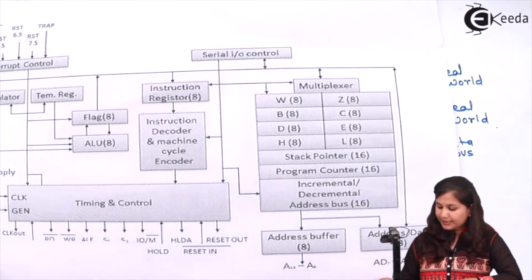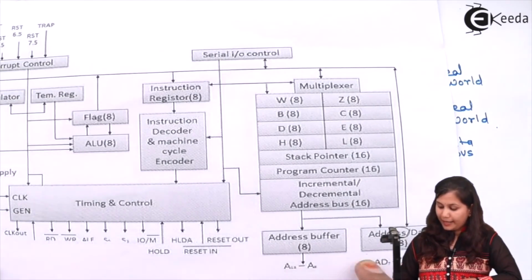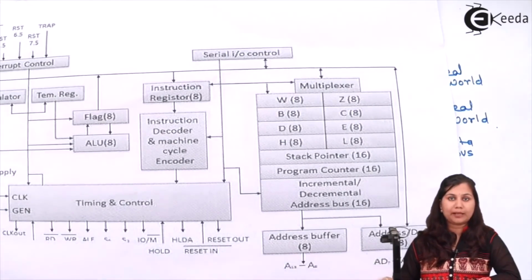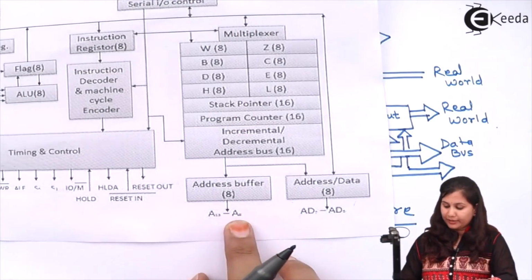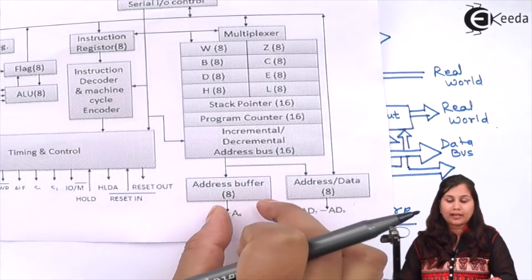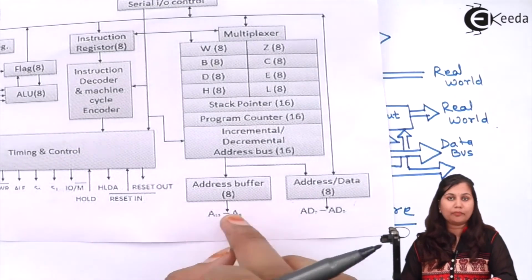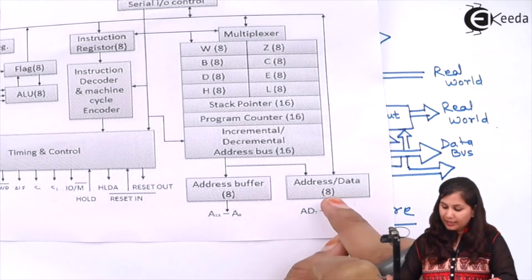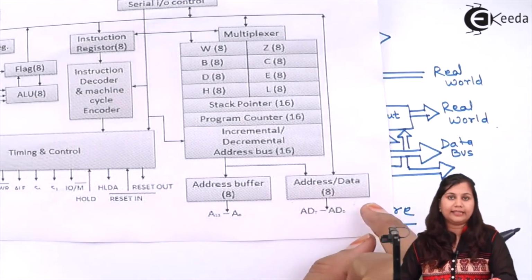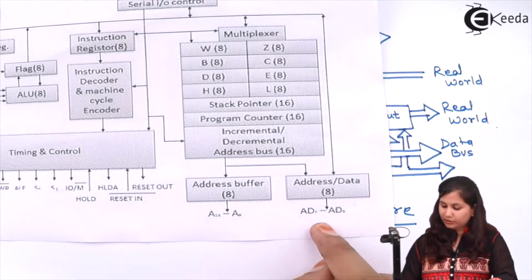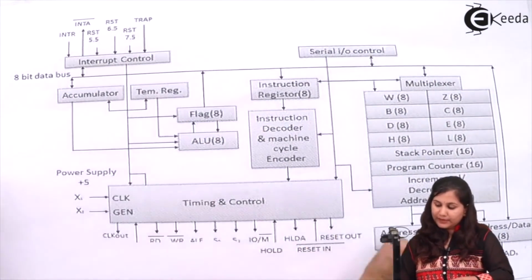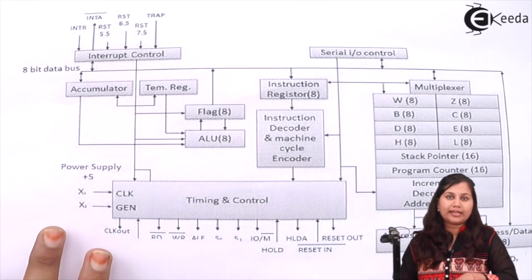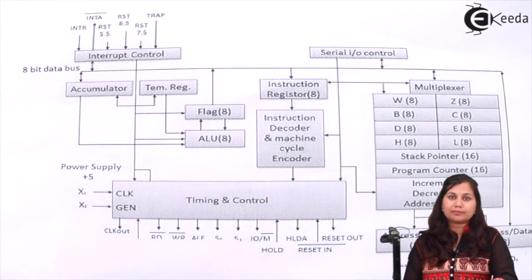You can see that the higher order and lower order address buses are shown differently. The address buffer is the 8-bit higher order bus from A8 to A15, and here we have the address and data bus multiplexed with each other, AD0 to AD7. So this was the complete architecture of 8085 showing various blocks.